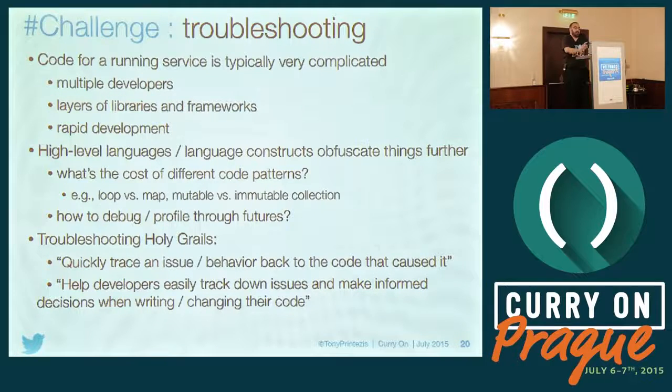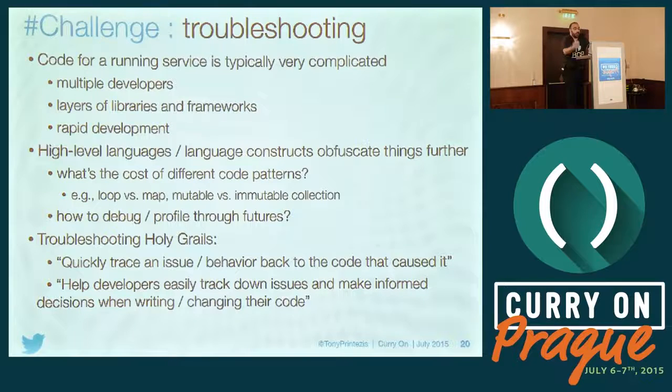It could be the new library that you got. It could be some bug in the code that you just pushed. It could be that another service is throwing more load at you than it should. It could be a bug in the JVM, but of course we know those do not happen.